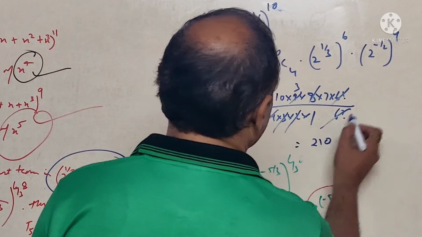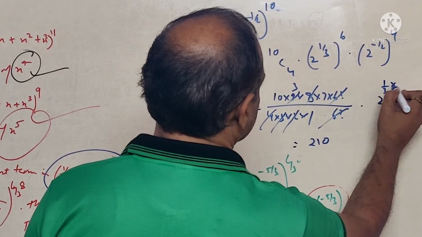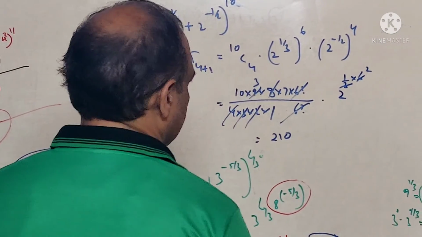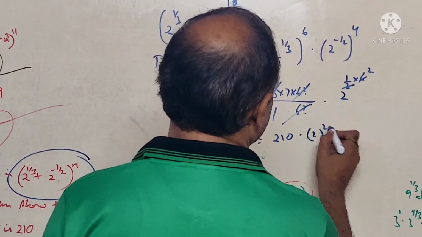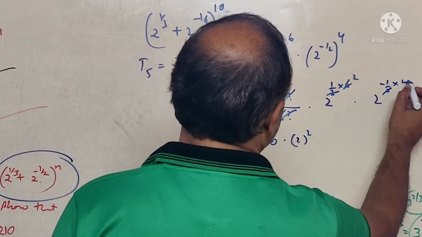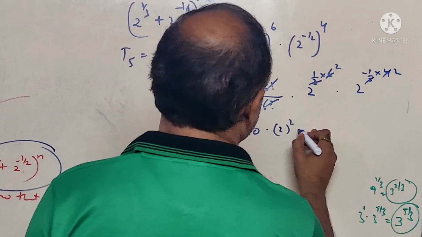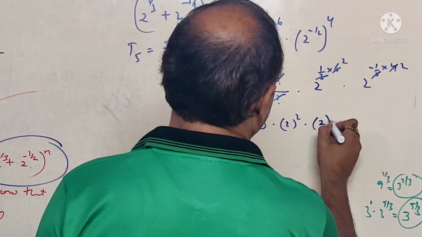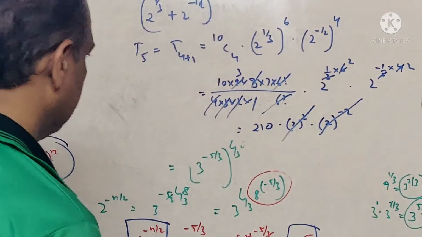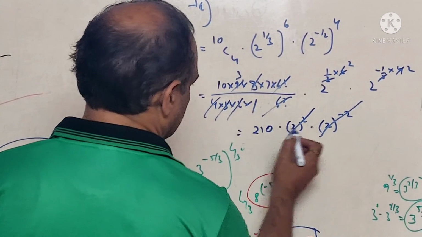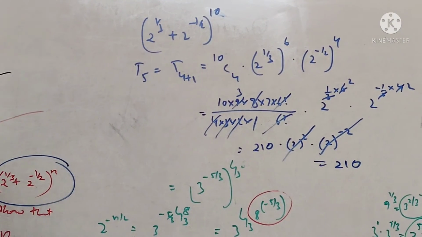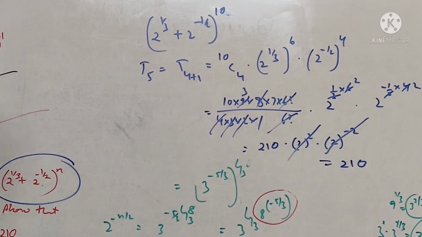Furthermore, here 2 power 1 by 3 into 6 gives you 2 power 2, and minus 1 by 2 into 4 gives you 2 power minus 2. Both these things will cancel and give you 1, and furthermore it will give you 210 as the required answer. In this way you can do this question, and all 3 questions have been completed by me.